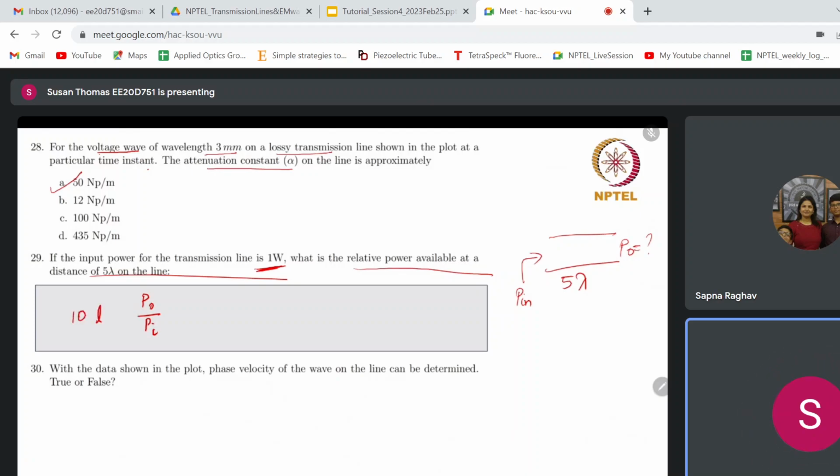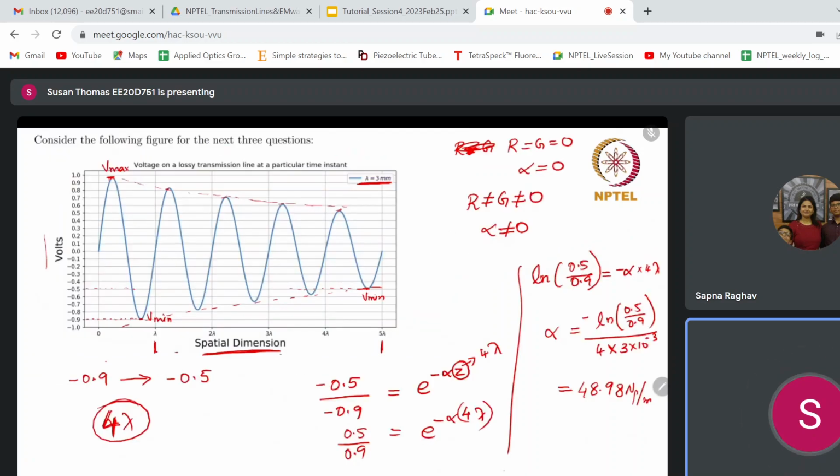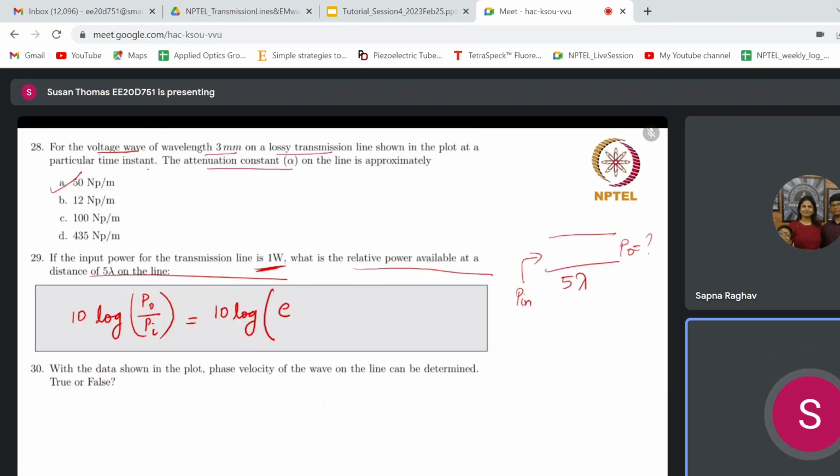Since it is powers, let us write 10 log of P naught by Pi, that is 10 log of e raised to. If you remember, the voltage ratio we have written as e raised to minus alpha z. Because it is power, it is voltage square, it becomes e raised to minus 2 alpha z.